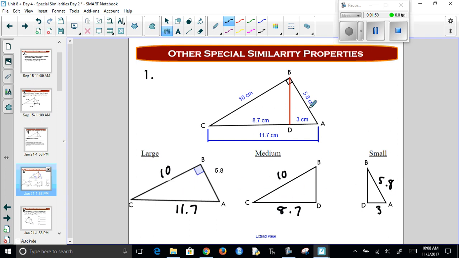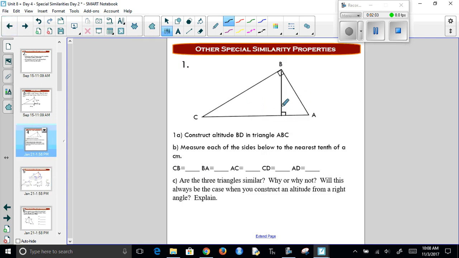And the reason is because if I look at this previous slide with not so much stuff on it, if I take this angle and say this angle is x, and this angle is 90, then x plus this equals 90, so this one would be 90 minus x. And if this angle is 90 and 90 minus x, this one would have to be x, and this one is 90 minus x.